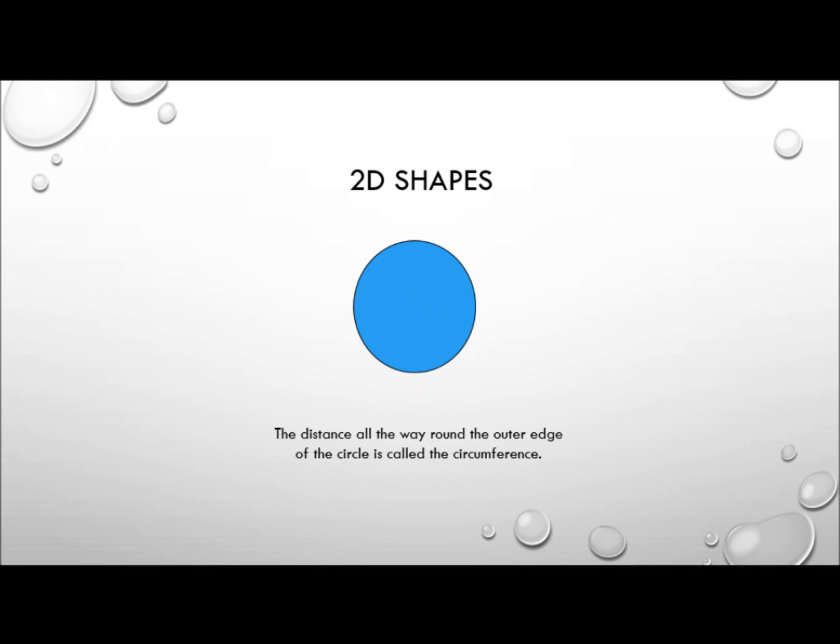Now the distance all the way round the outer edge of the circle is called the circumference of the circle. If you divide the circumference by the diameter of any circle, you will get the mathematical constant pi.